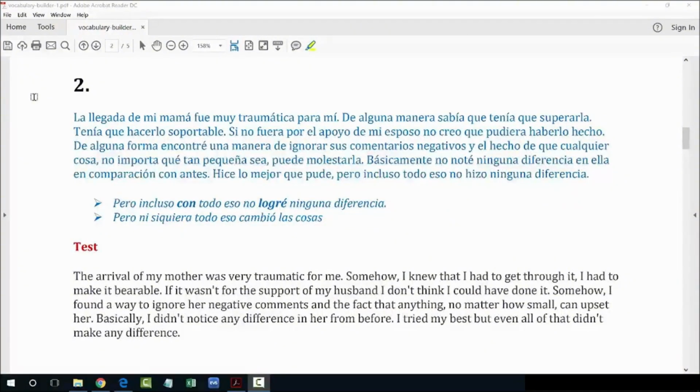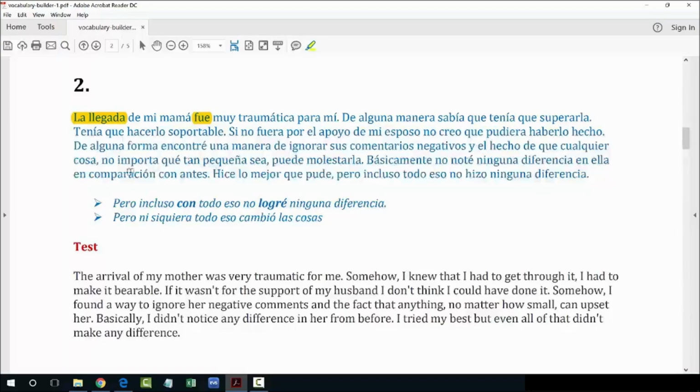It begins with La llegada de mi mamá fue muy traumática para mí. The arrival is what we have here, la llegada, and you can see how this is related or comes from the verb llegar, to arrive. Then we have fue instead of era for the word was. Remember that we always have 4 choices for the word was.